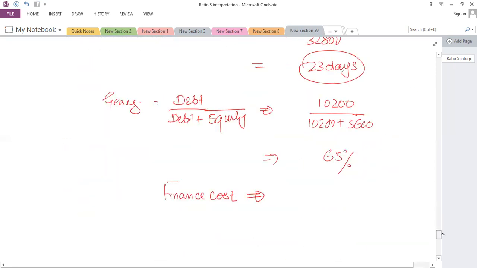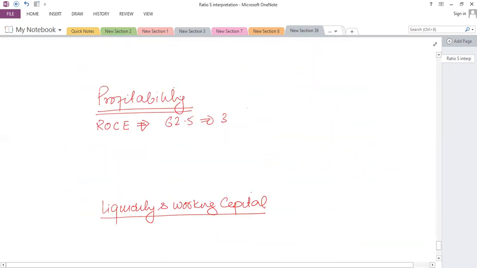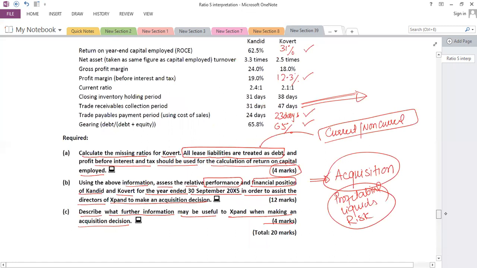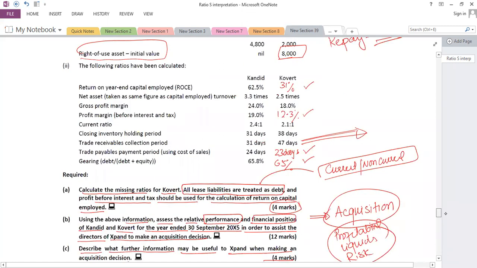And look at the reasons that you have to quote. Look at the obvious reason. Check out the profitability of this company. Their gross profit margin is 24%. Their operating profit margin is 19 as compared to 12, but the return on capital employed has almost doubled.